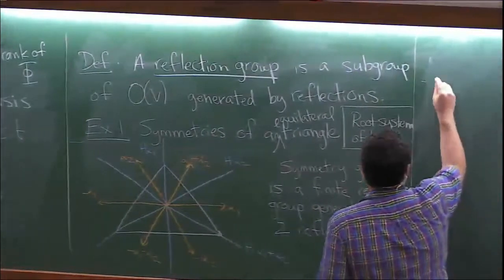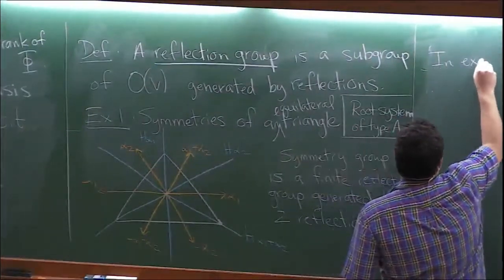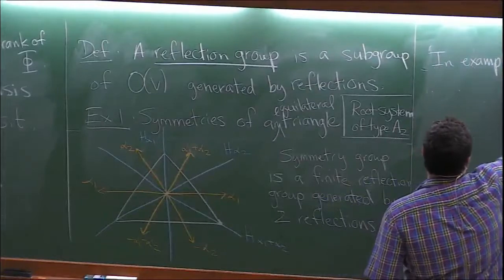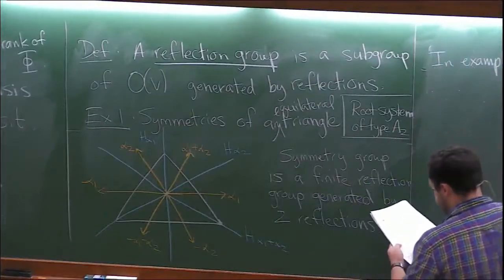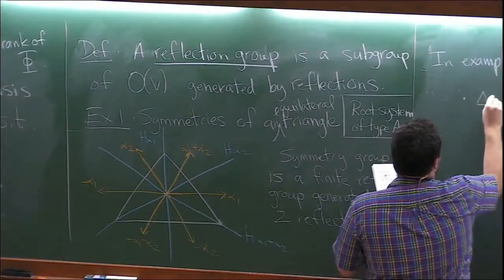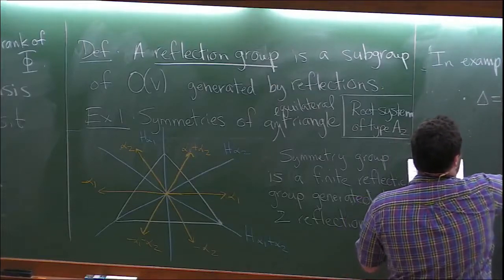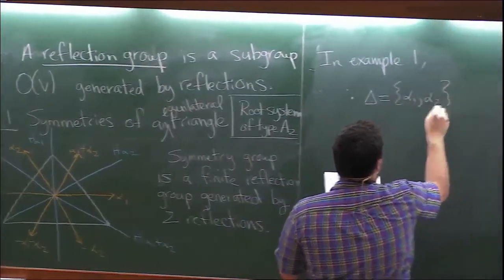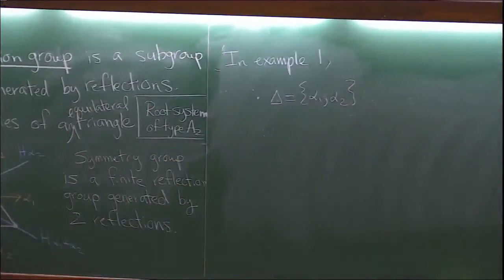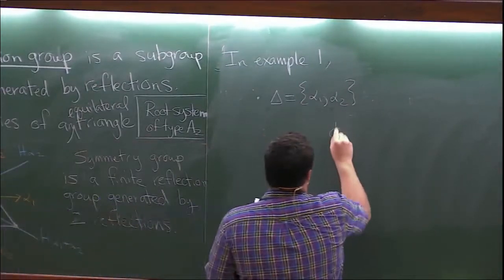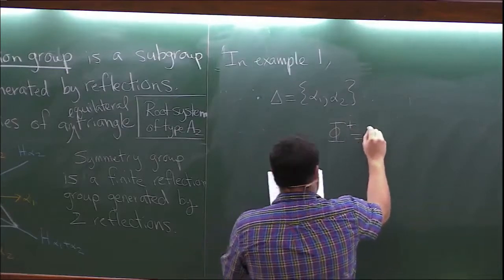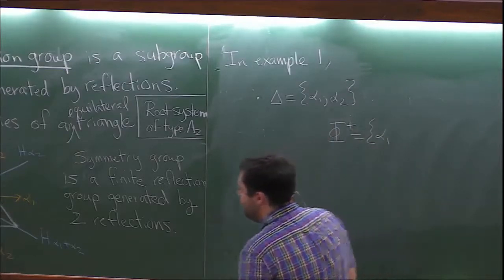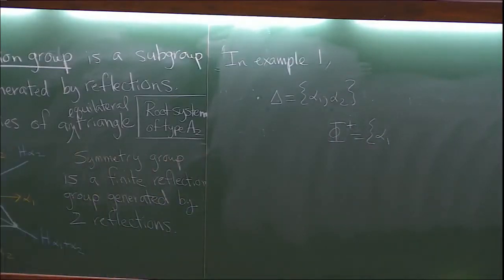So in example 1, if I choose my simple roots to be alpha 1 and alpha 2 in this picture, then the positive roots are the ones that can be written as non-negative linear combinations of alpha 1 and alpha 2.